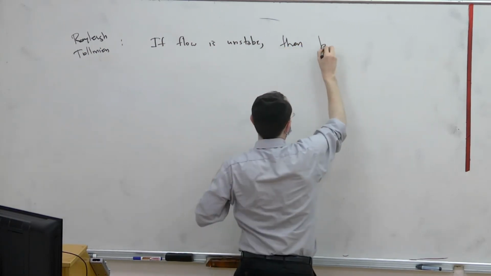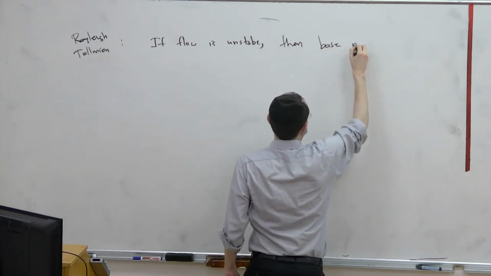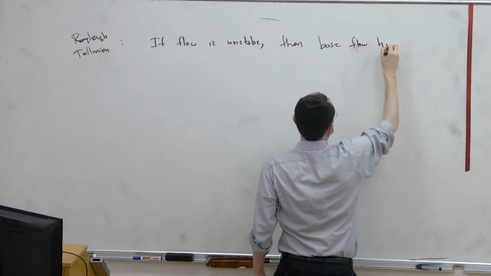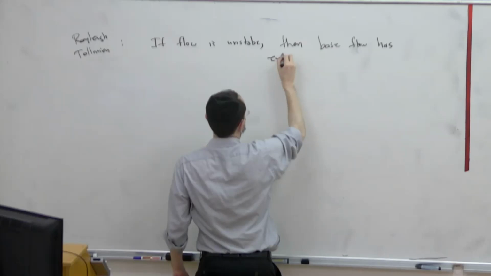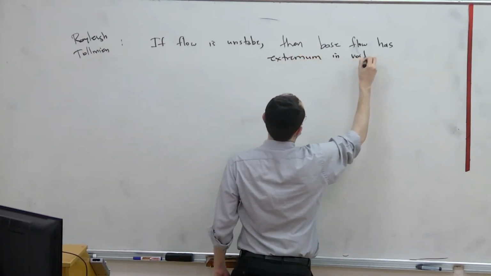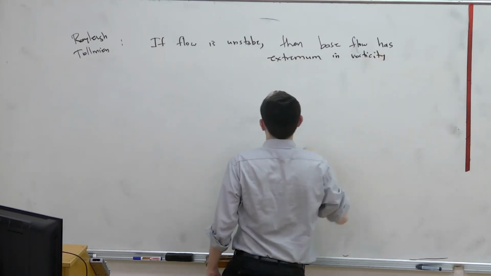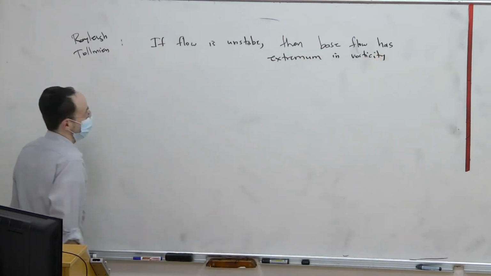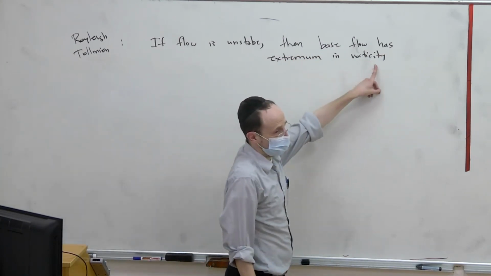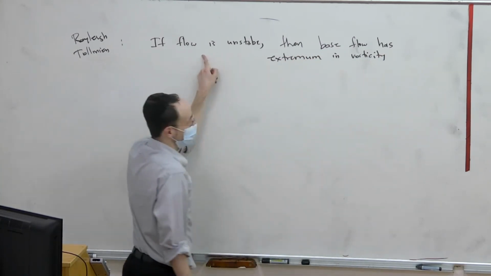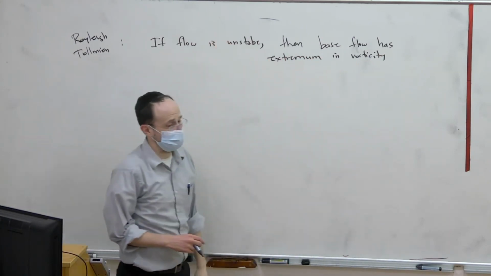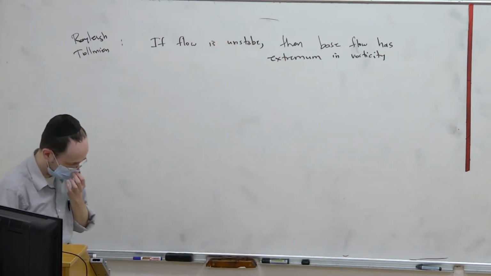Then the base flow has an extremum in vorticity. Again, it's a statement that's a necessary condition. If the base flow has an extremum in vorticity, that doesn't prove that the flow is unstable. But if the flow is unstable, then the base flow definitely has an extremum in vorticity.